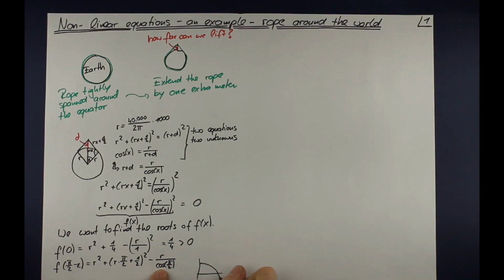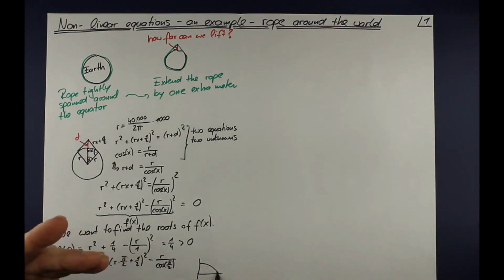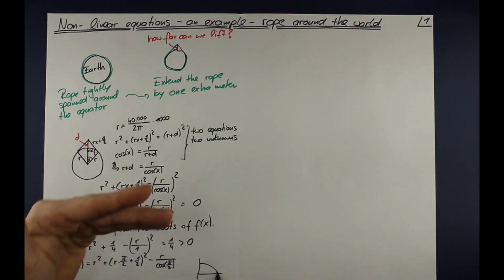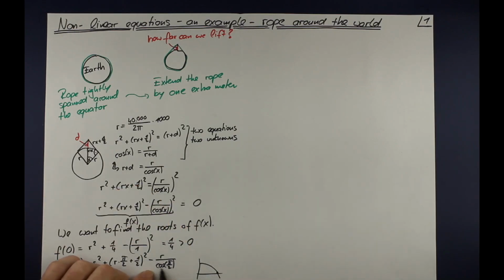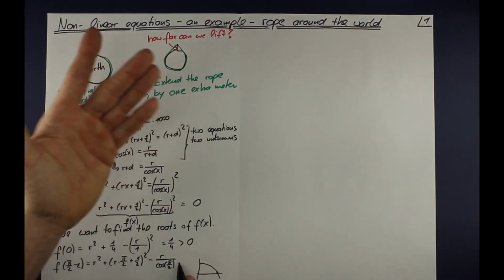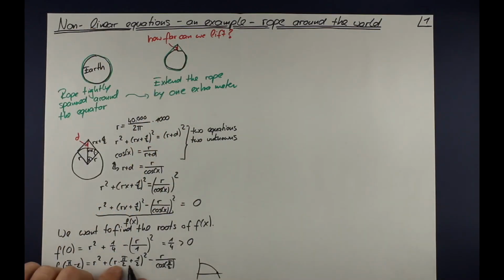What does cosine look like? Cosine of pi halved minus epsilon is a number very few more than 0, so it's almost 0. So r divided by that is a very large number. Here we have some number, here we have some number, here we have an infinitely large number, so this is more or less infinity.